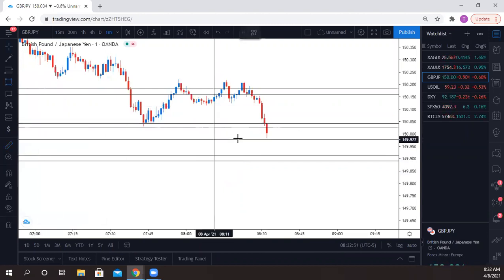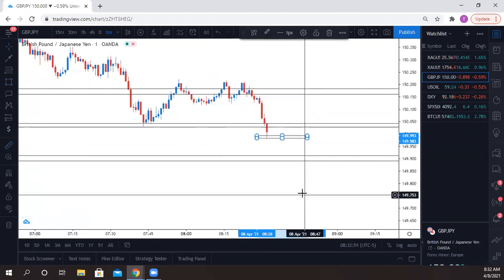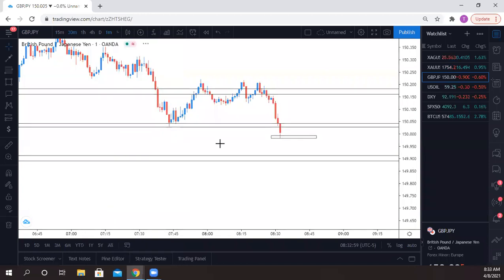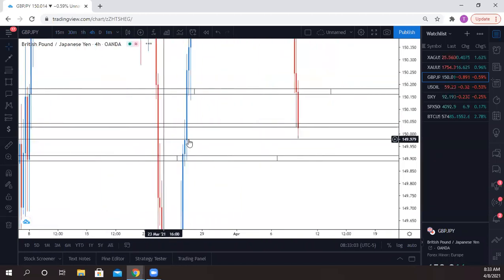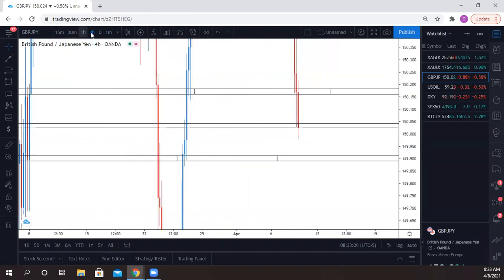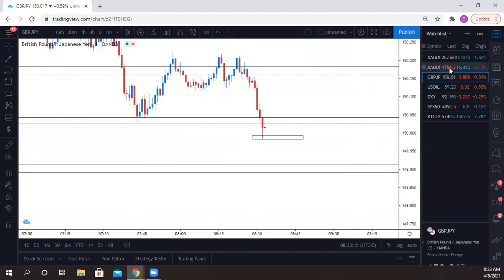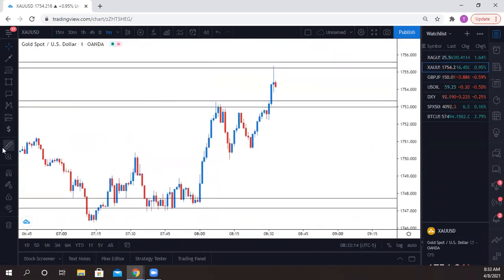So it created a little 1 minute support here. Let's see if that ends up breaking, because with this new 30-minute, I would think that this 4-hour range gets filled here. This thing's being very picky here. Oh, gold ended up tapping into that level. Wow.